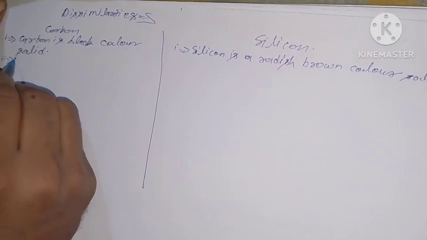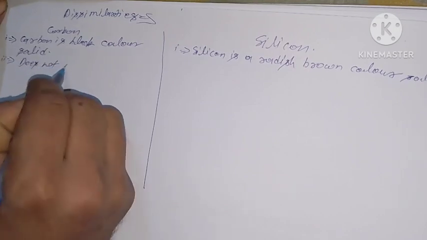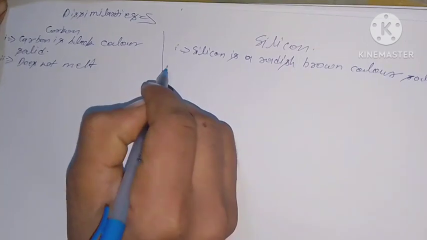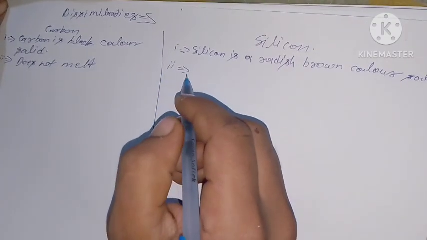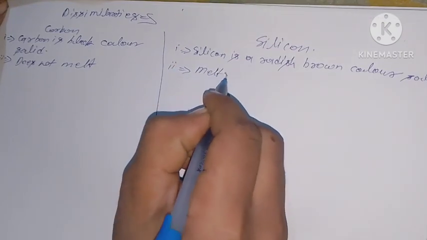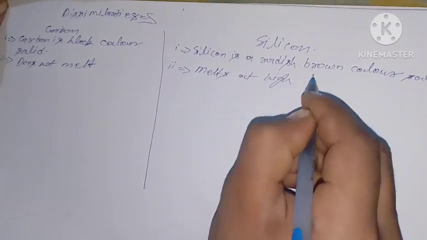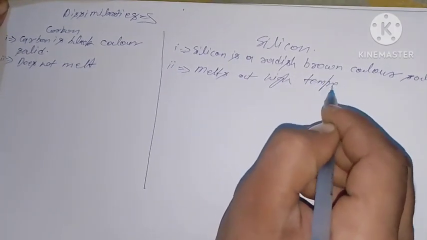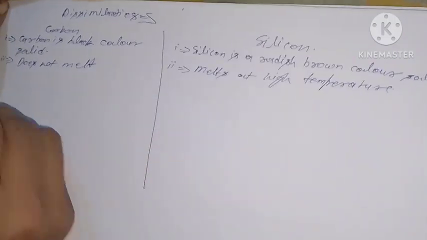Carbon does not melt, and silicon melts at high temperature.